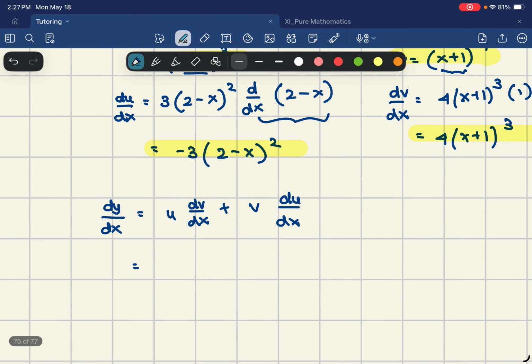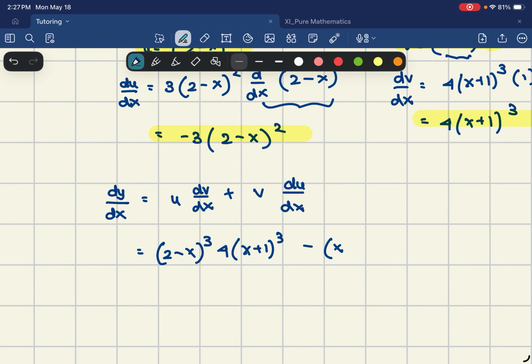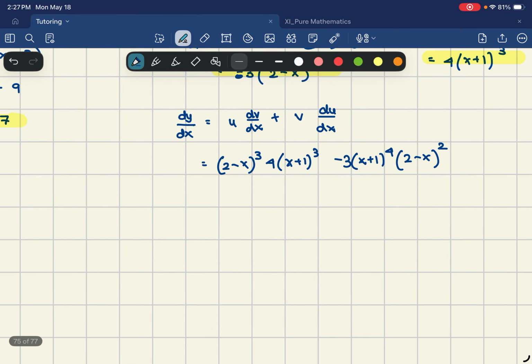So it's going to be u, which is 2 minus x cubed, times dv by dx, which is 4 times x plus 1 cubed, minus, because we have a minus sign here, v, which is x plus 1 to the power 4, times 3 times 2 minus x squared. So if you substitute values in, you're going to get this expression.